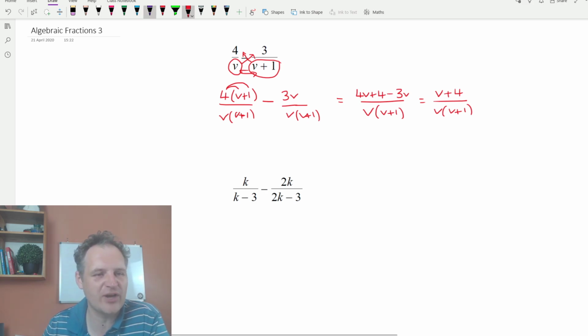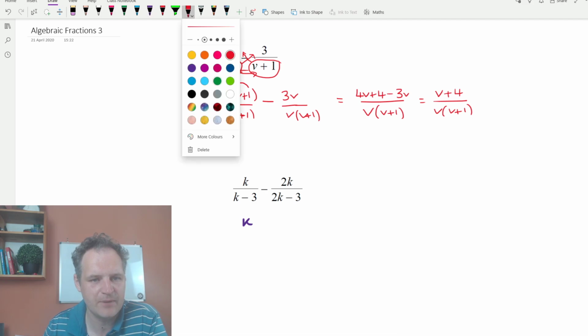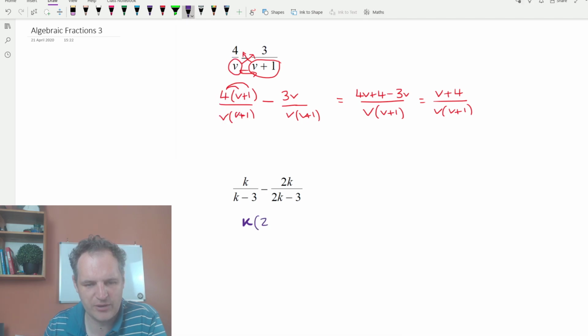For the second one, I'll change colour just to make it so we can see that it's different working. First step, as always, I'll try and use a thinner pen. I'm going to times that one by 2k minus 3. I'm going to add a second bracket because it makes it easier.